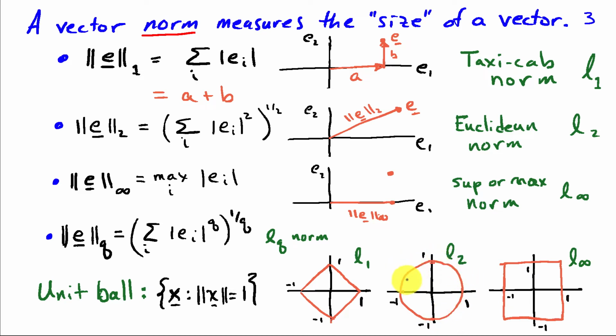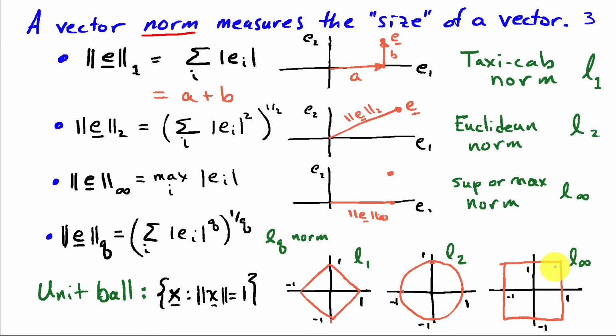All the vectors on this circle have unit norm. Now in the L1 case, all the vectors that have unit norm lie on a diamond. Because remember, in this case, we're going to add the absolute value of the horizontal coordinate to the absolute value of the vertical coordinate. Setting that equal to a constant gives us a line with slope -1 in the first quadrant, +1 in the second quadrant, and so on.